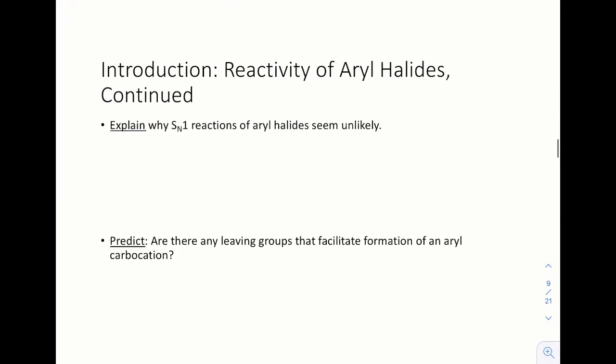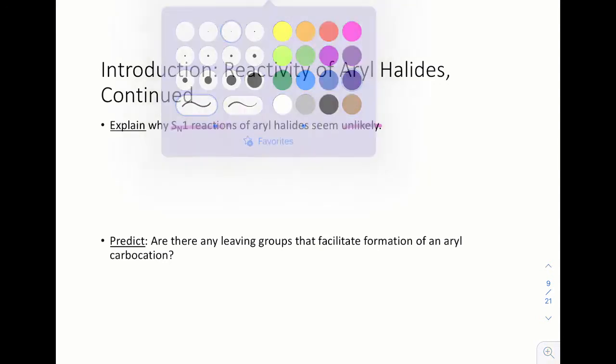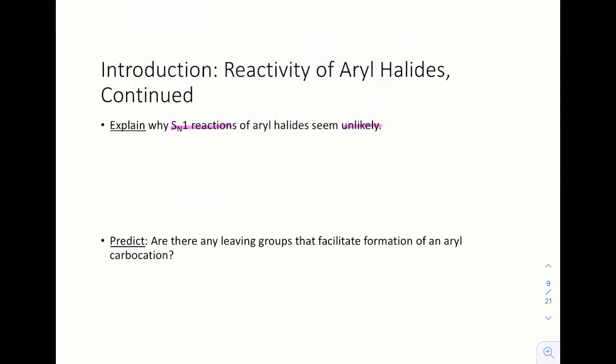SN1, unlikely. So why do SN1 reactions of aryl halides seem unlikely? Well, let's look at the cation that is generated by the heterolysis of the carbon-halogen bond of an aryl halide. This cationic carbon has two electron domains, one, two.